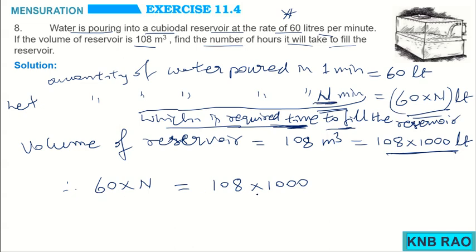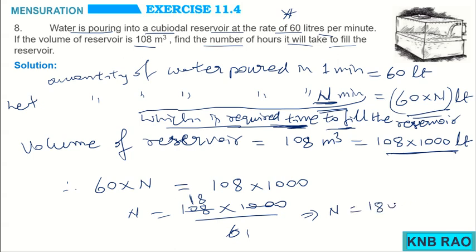So 60 into n equals 108 into 1000. Now 60 goes that side, so 108 into 1000 by 60. 6 ones are 6 and 4 comes 48, that means 6 8s are 48. So 18 into 1000, and here one 0 has already cancelled.